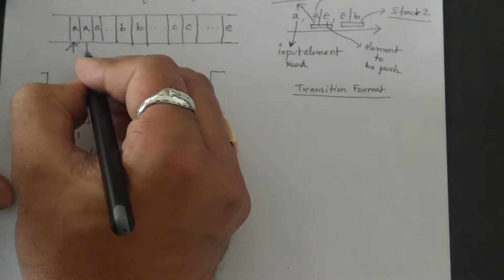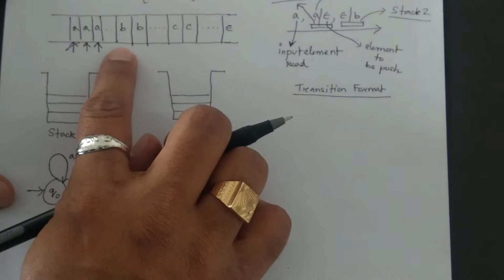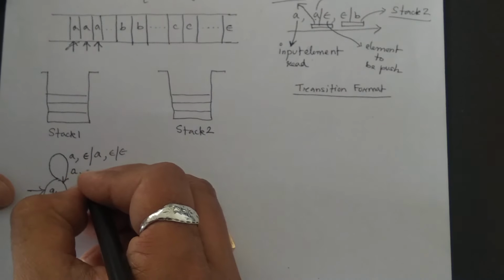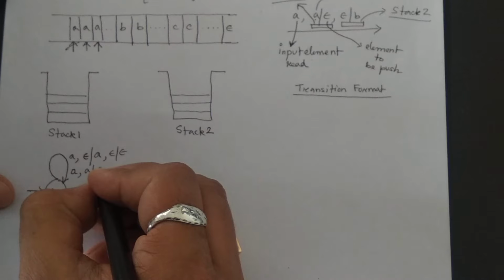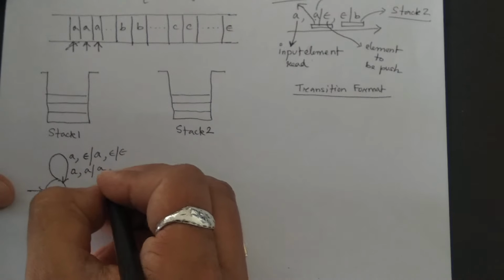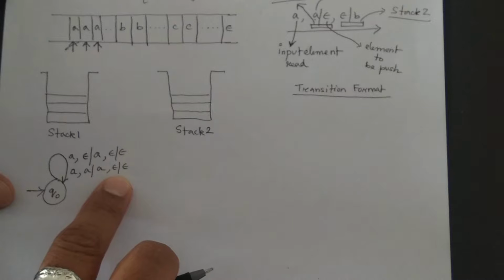Now I have to take all the A's, correct? I have to read all the A's one after another until we reach B. That means one more loop will be there. On seeing A, what will be the top of the stack? A. What is to be pushed? A. Then what will be done in the second stack? Nothing to be done in the second stack.